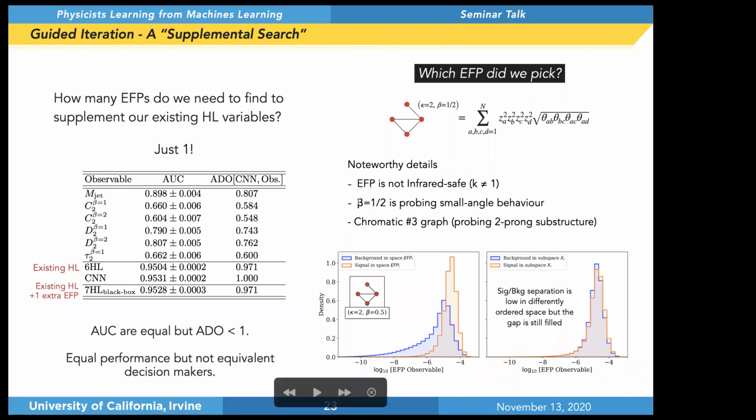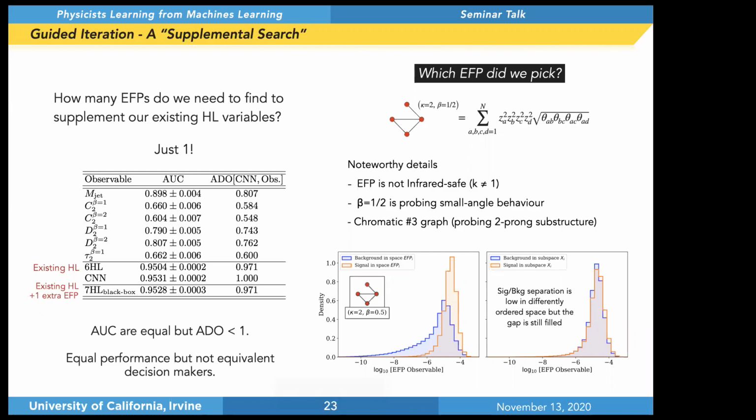The beta equals half parameter: because beta is the angular resolution parameter, the fact that it's a small value tells you that it's preferring observables that probe small angle behavior. So it could be, for example, that the CNN is benefiting from looking at smaller resolution information, whereas the other jet substructure observables are not probing these small angles. And the energy flow polynomials have another feature, which is that the chromatic number of the graph tells you useful information about how many prongs it's probing.